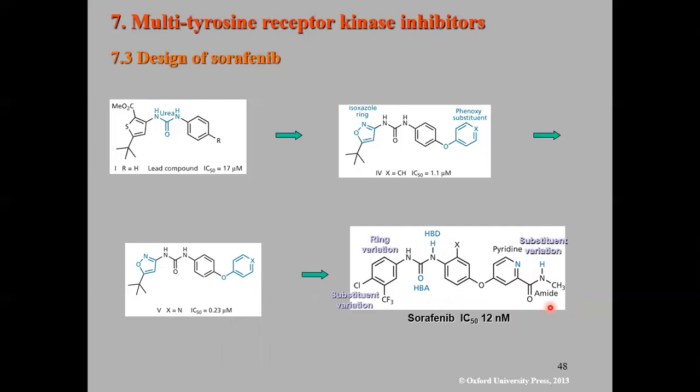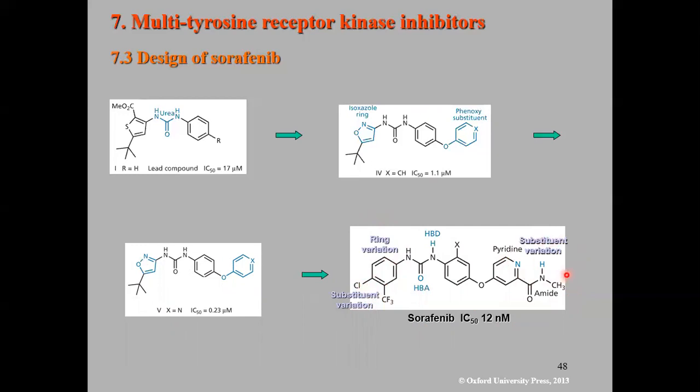So in sorafenib, you have a substituent variation, well, a ring variation. Instead of the isoxazole ring, they have the phenyl ring. Instead of hydrogens here, you have chlorine and the trifluoromethyl, which is a substituent variation, and another substituent variation at the end of the molecule.